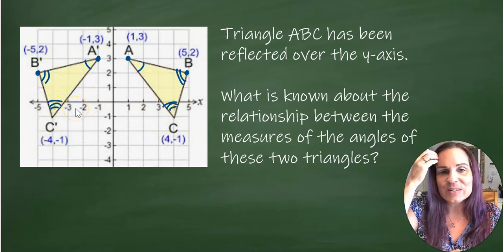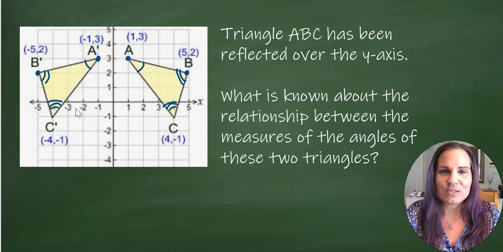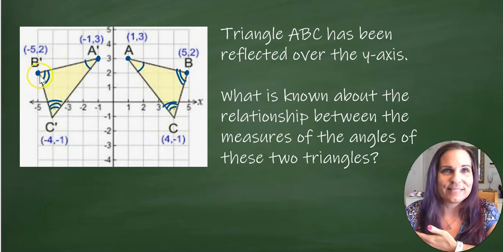And I'm not using 1 mark, 2 marks, 3 marks because it has anything to do with the size. I'm just marking them so that congruent angles have the same markings. So the angles in the triangle that was formed through reflection will have congruent angles to the one that it started with.